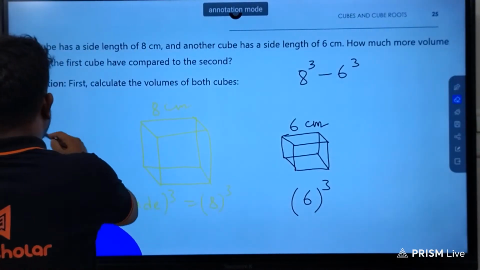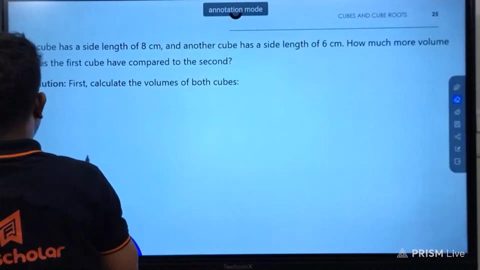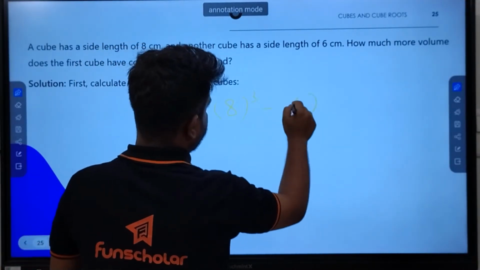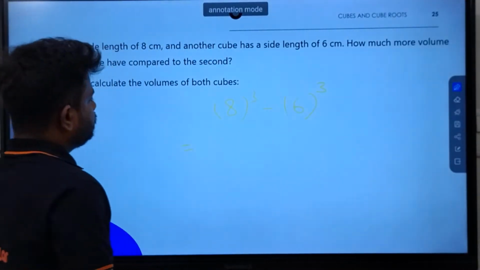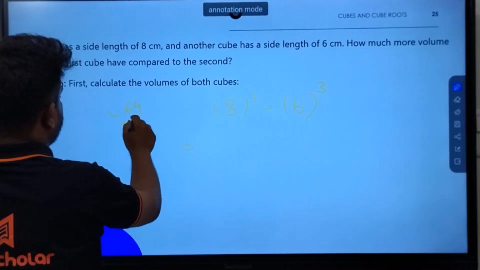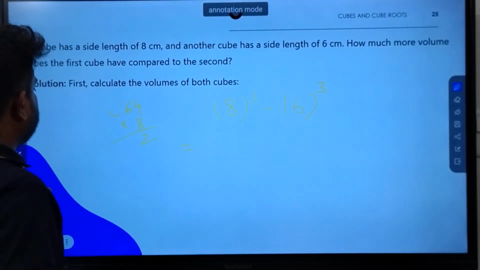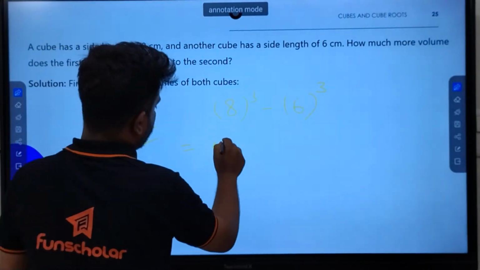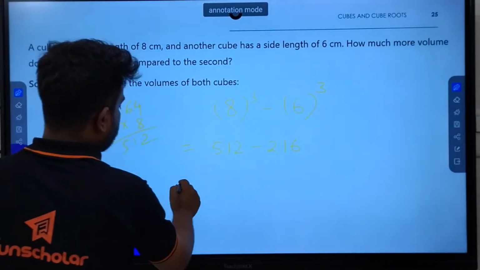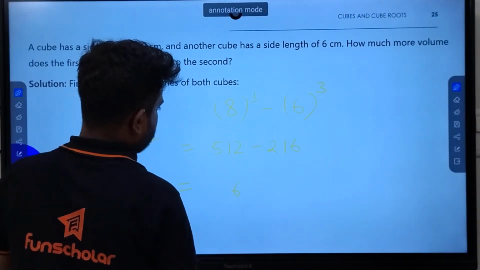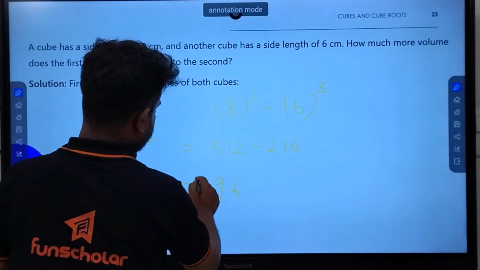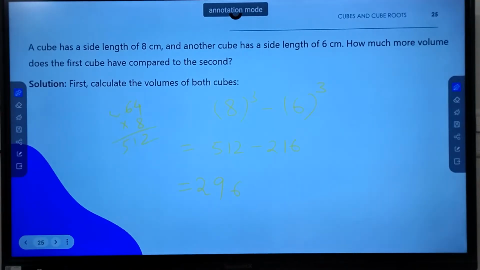Okay, so if I have to find 64 into 8, 512, and 216 will be 6's cube. So 296 will be that, right?